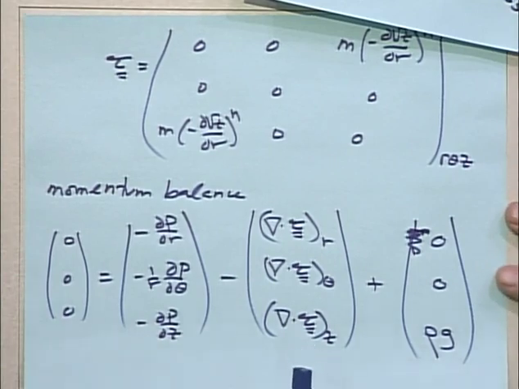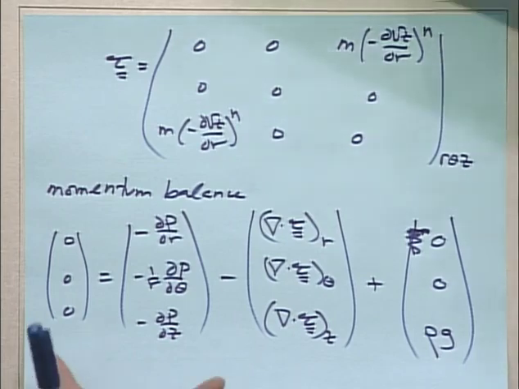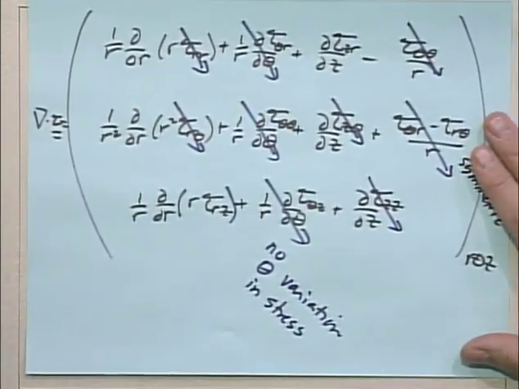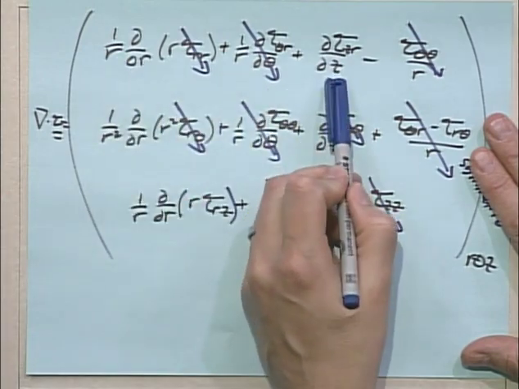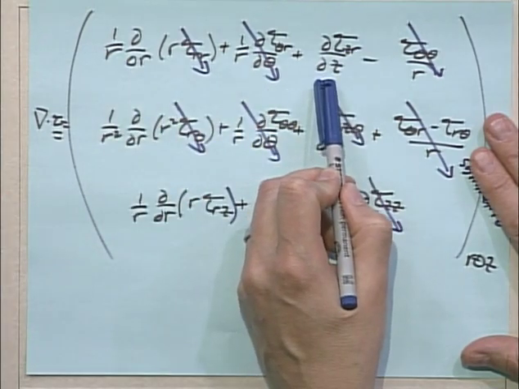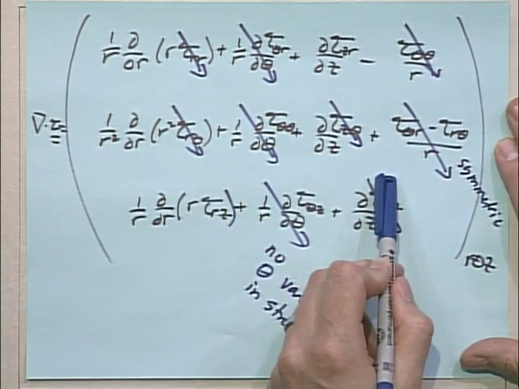The del dot taus we have to get from our calculation. Here's our calculation for del dot tau. The r component is d tau zr dz. The theta component is 0.